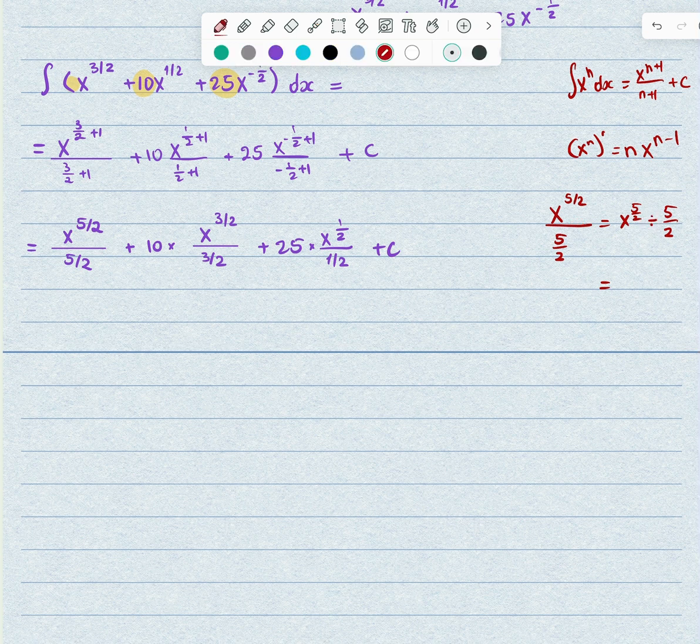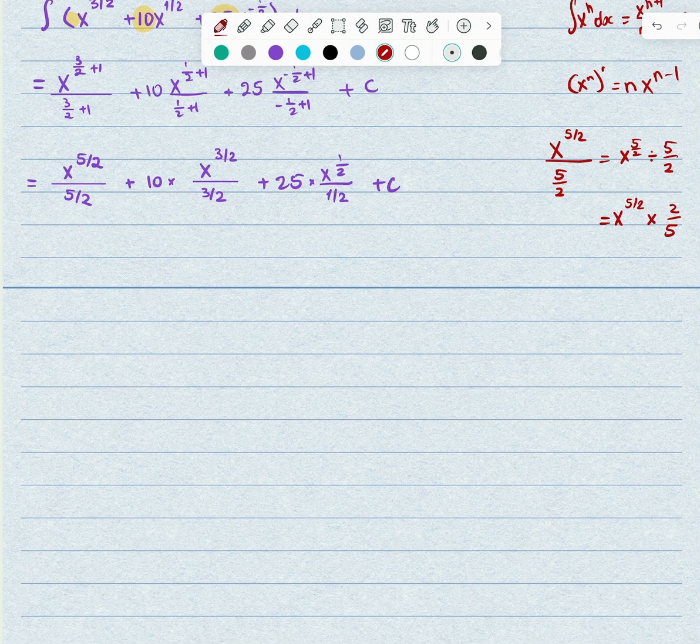So what do we do when we divide fractions? We keep the first one as it is and multiply it by the reciprocal of the second fraction. So what happens now is 2/5 x to the power of 5/2.